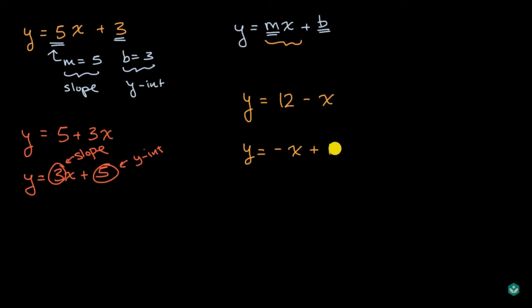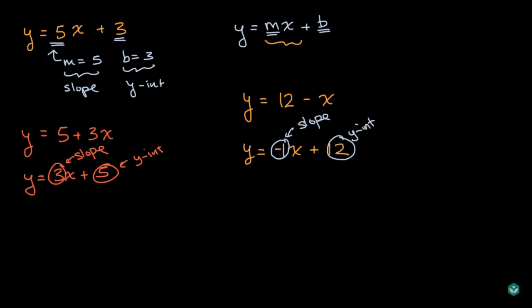And so from this, you might immediately recognize that my constant term, when it's in this form, that's my b, that is my y-intercept. But what's my slope? Well, the slope is the coefficient on the x term. But all you see is a negative here. What's the coefficient? Well, you could view negative x as the same thing as negative 1x. So your slope here is going to be negative 1.